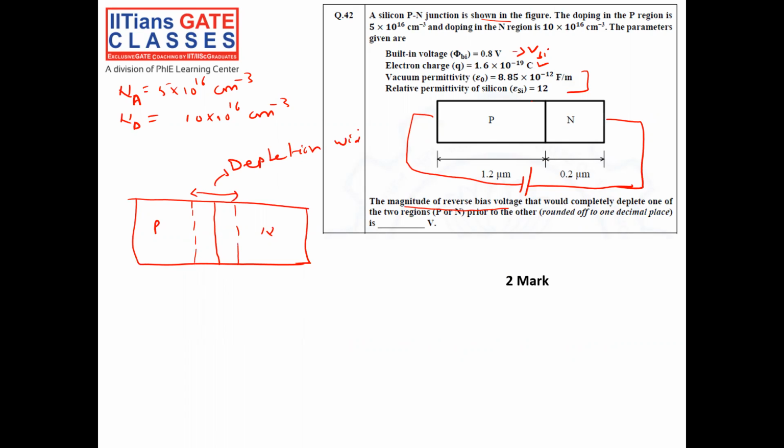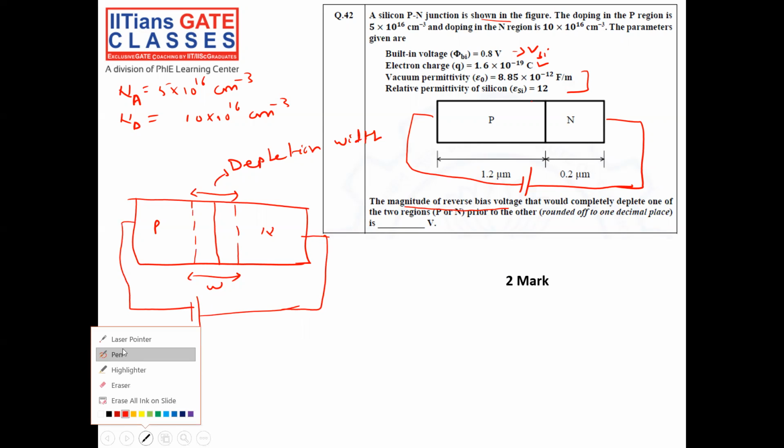Before I apply anything, there is a built-in electric field and a built-in depletion width, that is called W, in the semiconductor. What will happen when I connect a reverse bias? The depletion width will widen. We already know the theory, right? When I go on increasing this VR, this will widen.